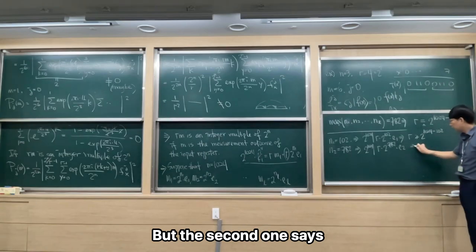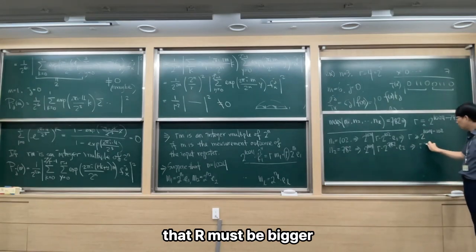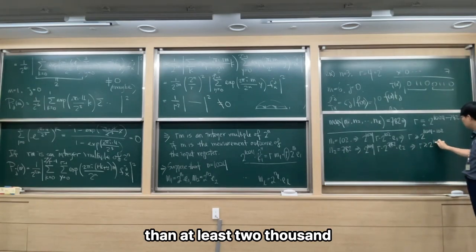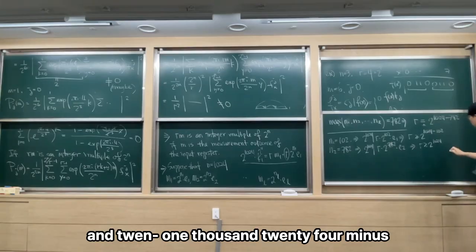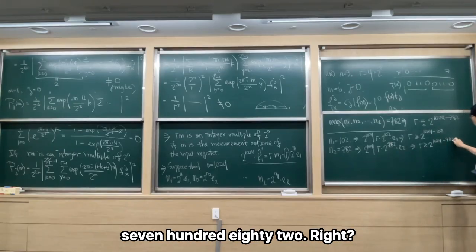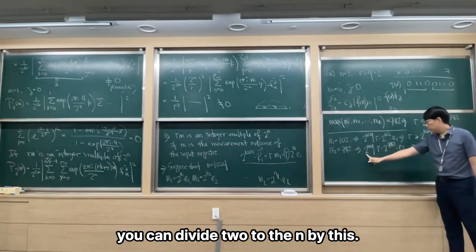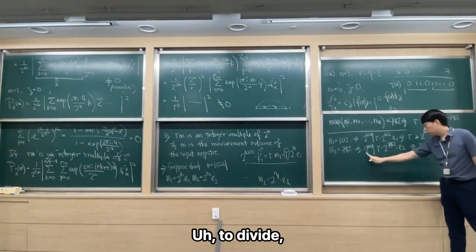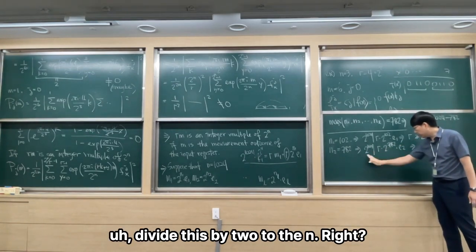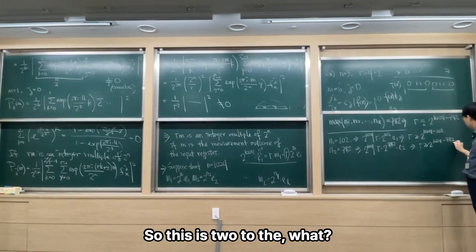But the second one says that R must be at least 1024 minus 782, right? So if R is less than this, then there's no way you can divide 2 to the n by this. To divide this by 2 to the n, right? So this is 2 to the what?